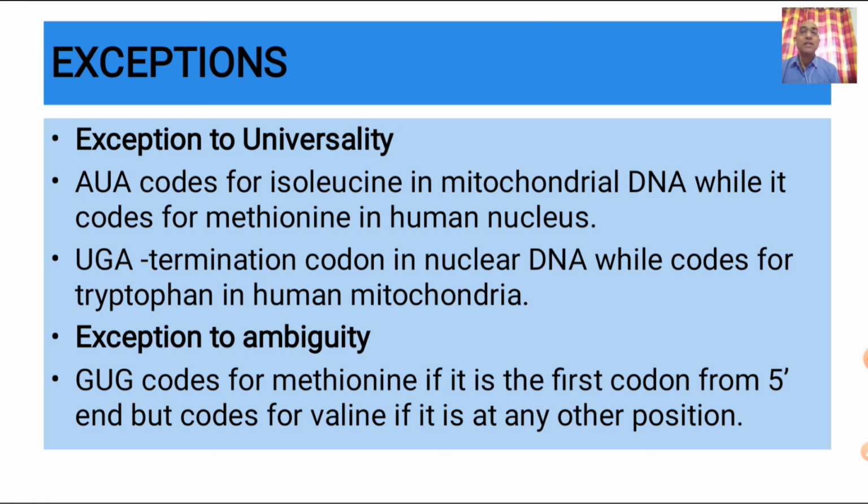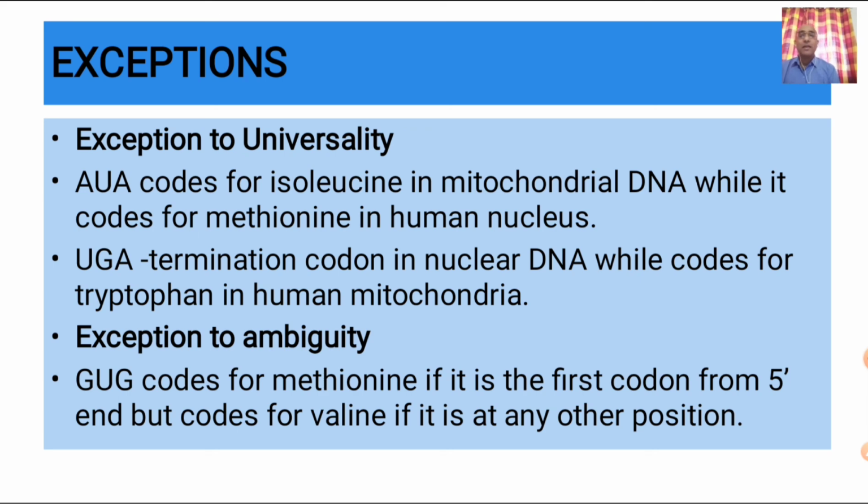So it is an exception to the universality of the genetic code. Another one is UGA. It is a termination codon in nuclear DNA, while it codes for tryptophan in human mitochondria.